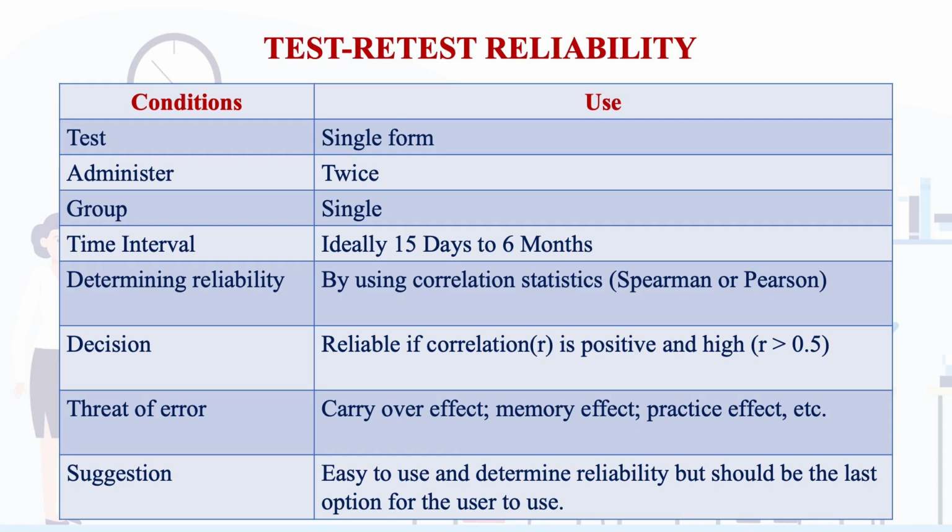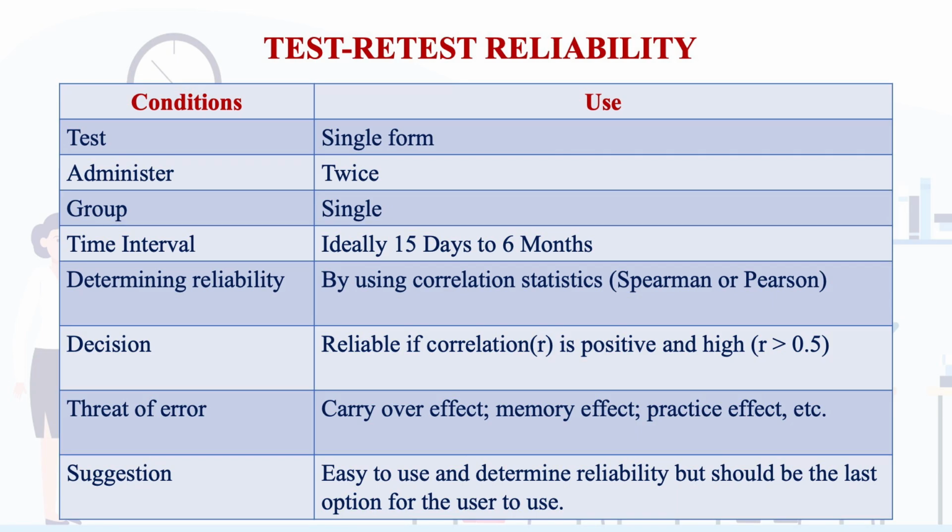Let us go forward to discuss these methods. Now let us focus upon the first method, that is the test-retest reliability method. Here you see on the left side the conditions are given, and on the right side its uses. The very term used in this method is test-retest.